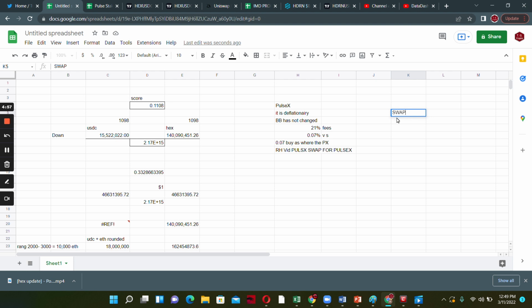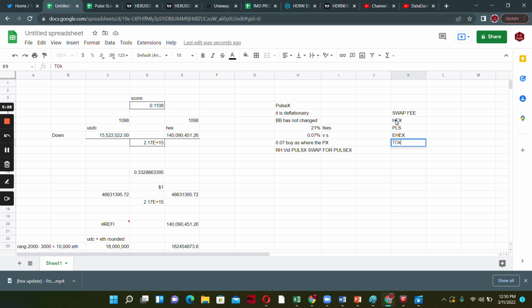What's generated here? Alright, well, when you swap Hex for something, you're going to have to pay a fee in Hex. And when you swap, let's say, your Pulse for something, you pay a fee in Pulse. When you swap your eHex, because you have it on the exchange, you'll have to pay a fee in that.